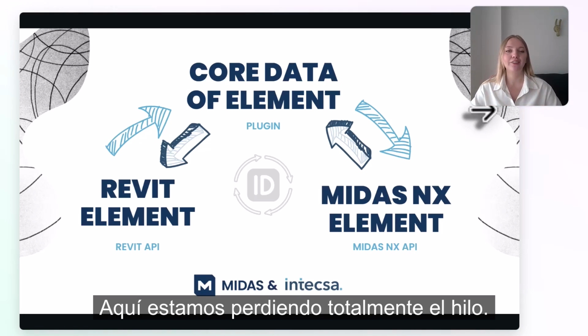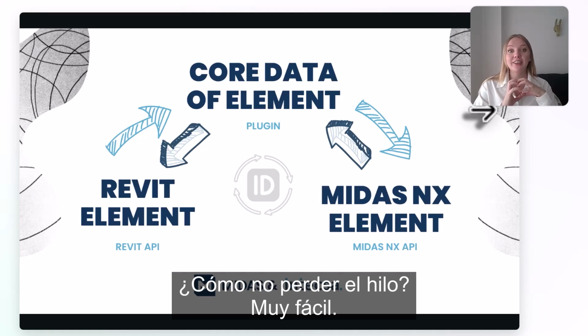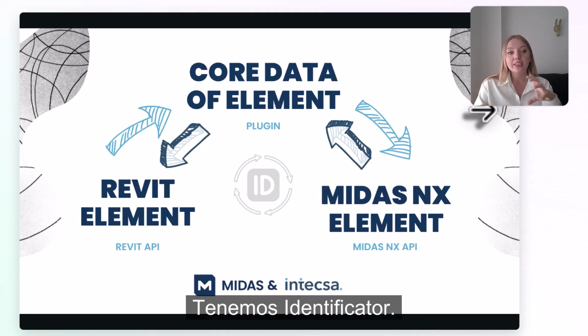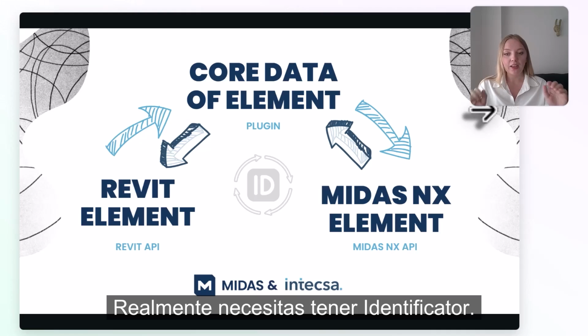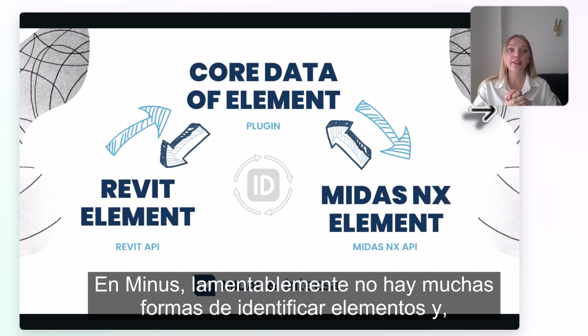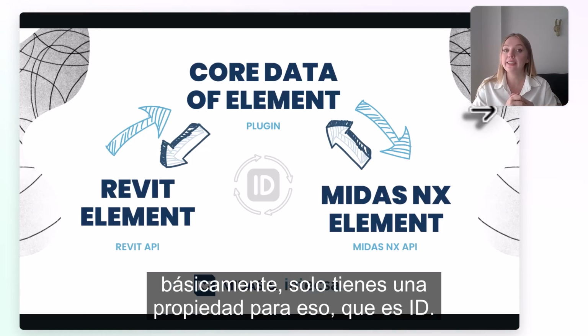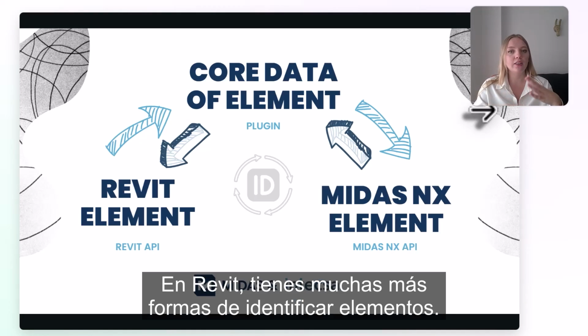Very easy, right? We have an identificator. You really need to have an identificator. And in MIDAS, there are sadly not that many ways to identify elements, and basically you have only one property for that, the ID. In Revit, you have so many more ways to identify an element.